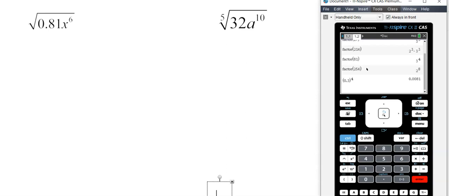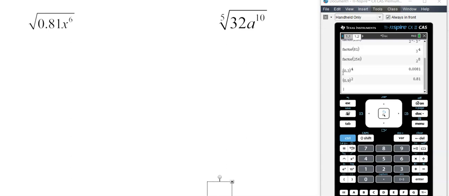So we could think of that as, but is that 0.9 squared? 0.9 squared, 0.9 times 0.9 is that. Since we're only looking for a square root, we know the square root of 81 is 9.